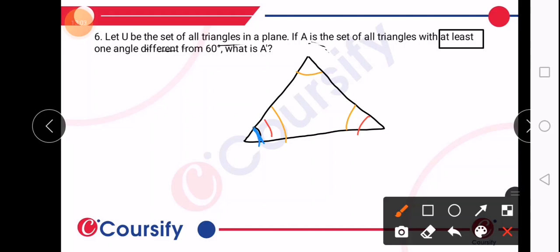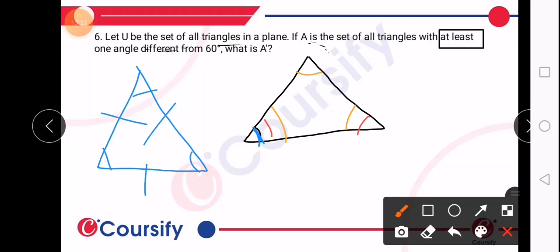Now, the one last possibility left is that zero angles are different from 60, which means all angles are 60, which means we are talking about an equilateral triangle wherein all the sides are equal, all the angles are equal, which means all the angles are 60. That is the only possibility left out.